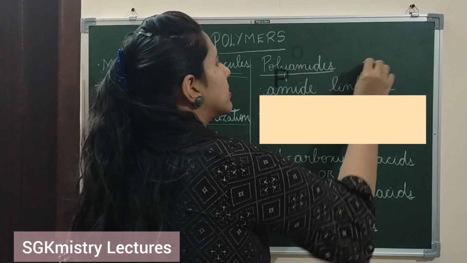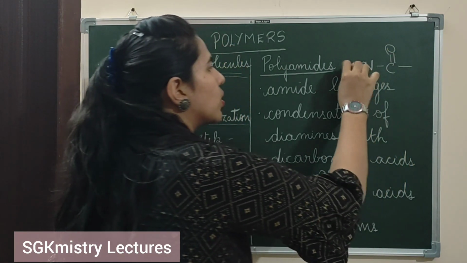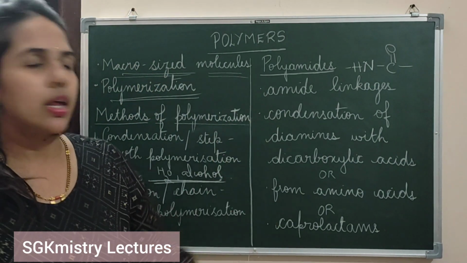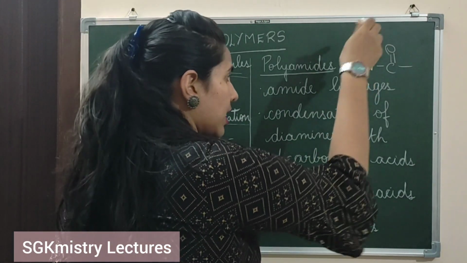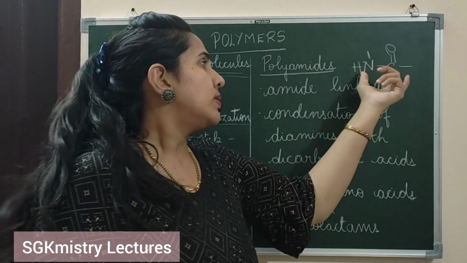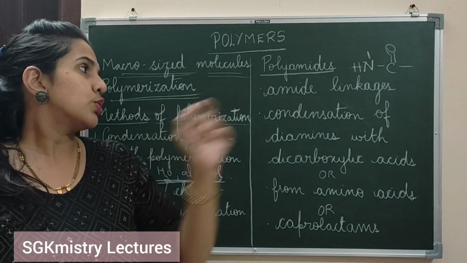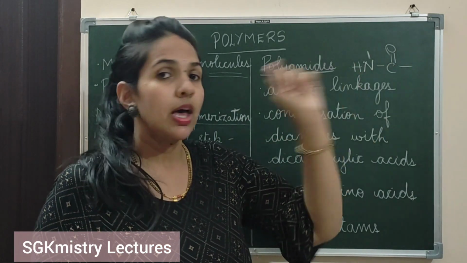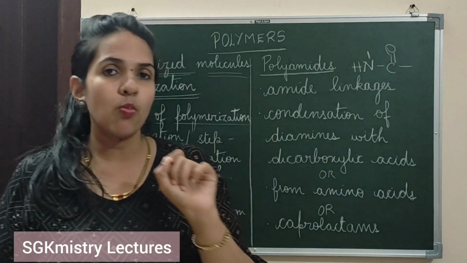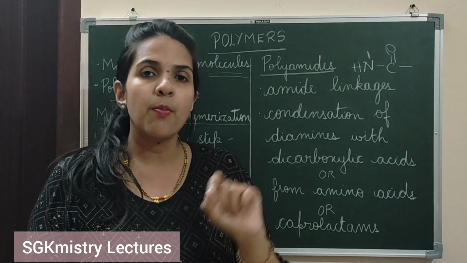So the amide linkage is nothing but NH, CO, or you can also call it CONH. So from this functional group itself, it is very clear that this has to be formed by the combination of the COOH, that is the carboxylic group, and the NH2, that is the amino group.